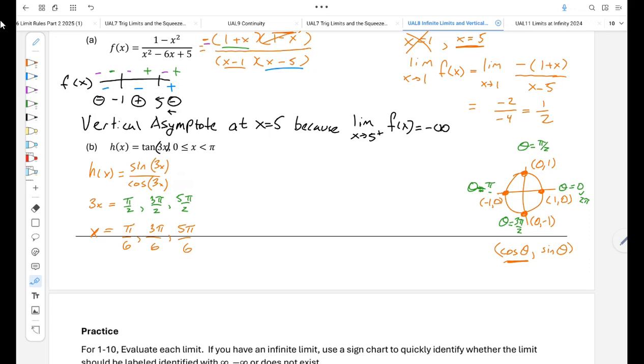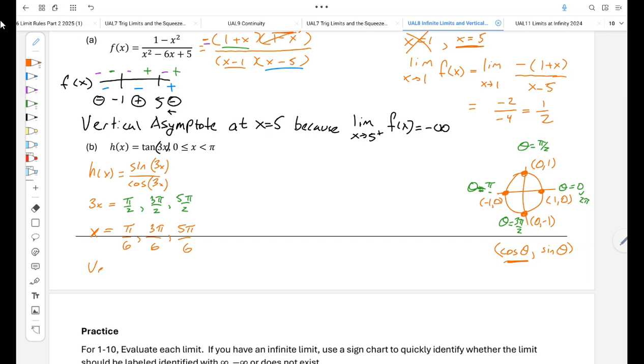The way sine and cosine always work is that if you have that 0 in your denominator, the sine on top is always going to be non-zero. If you're getting 0 for one, you can't get 0 for the other. So with tangent and cotangent and things like that, you're always going to end up with a non-zero over 0. So we know that these are going to give us vertical asymptotes. Vertical asymptotes happen whenever you're in a non-zero over 0.